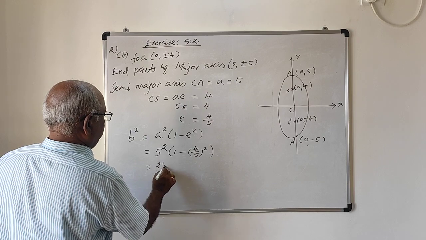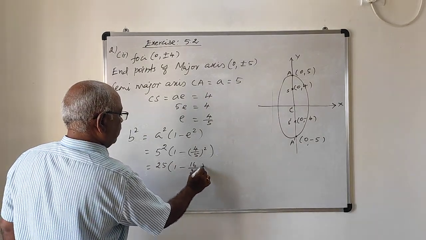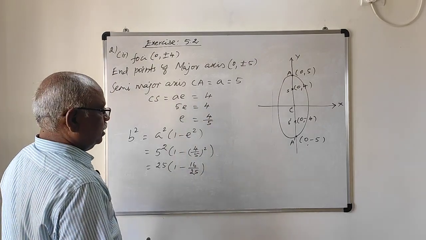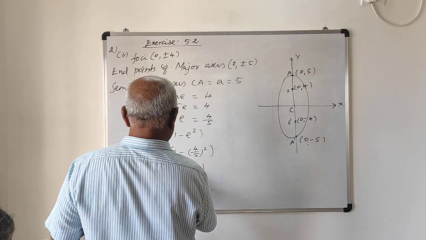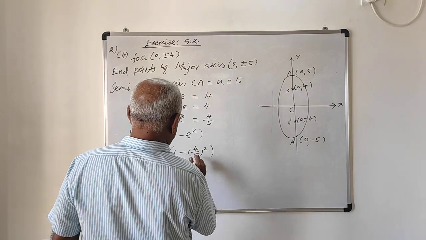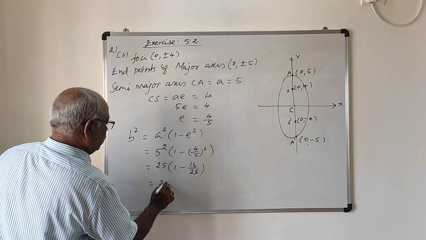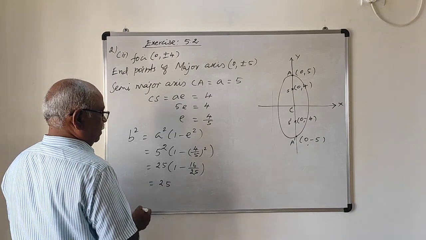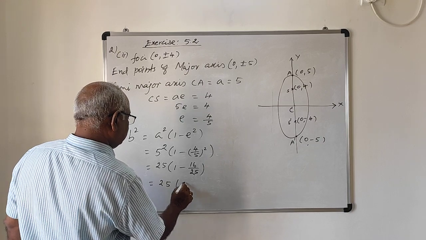This is 25 into 1 minus 16 by 25. That is 25 into 25 minus 16, 9 by 25.